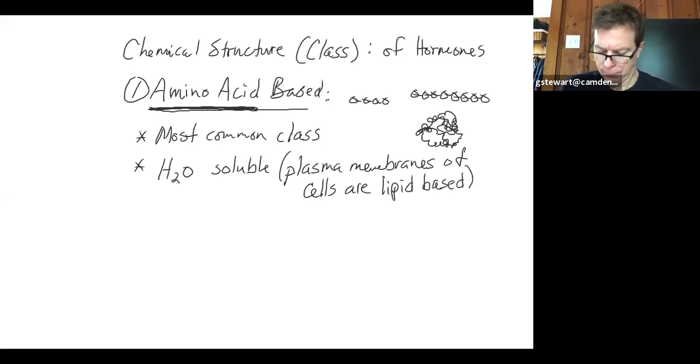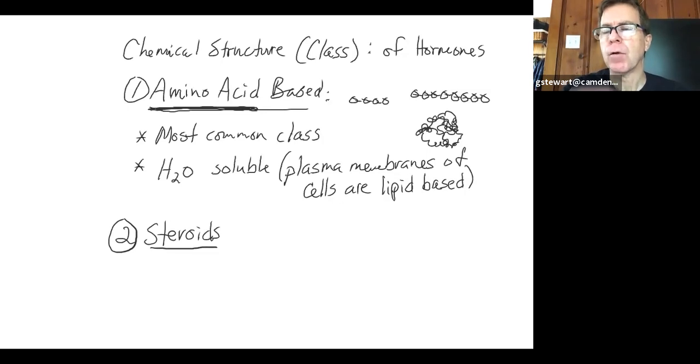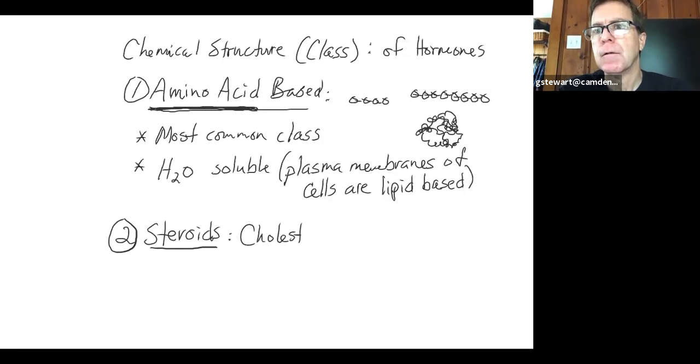Now we're going to compare that to the second chemical structural class of hormones, and those are steroids. I know you've heard that word a million times. These are cholesterol based. They're derived from cholesterol, and they tend not to be long chains of amino acids.